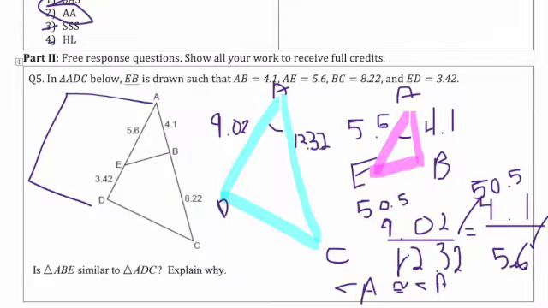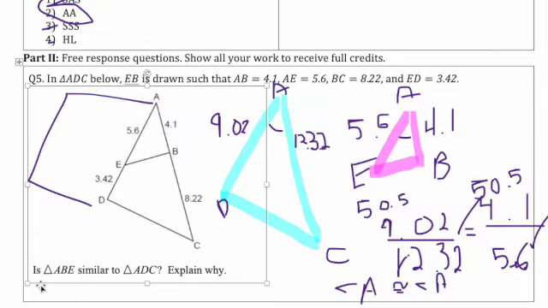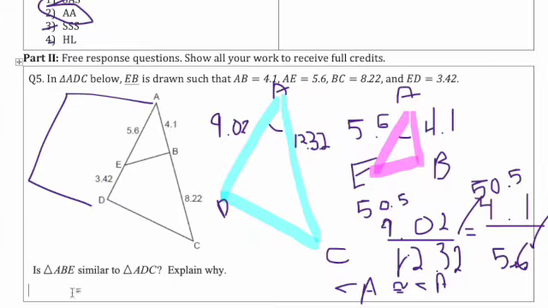So we have sides AD over AC, right, is equal to AE over AB, right? So we have two sides that are proportional, right?